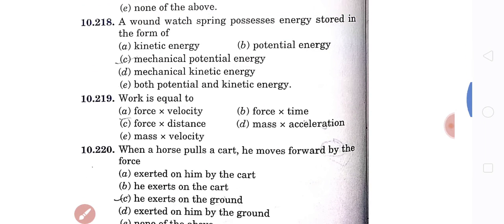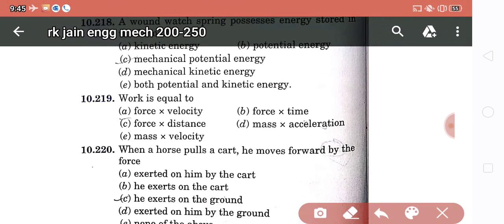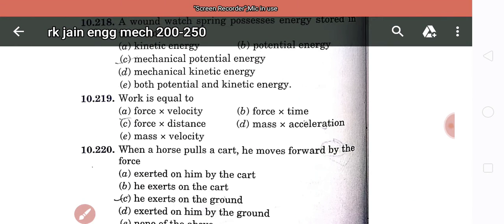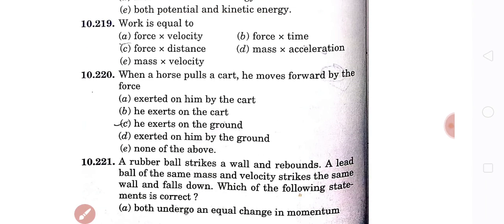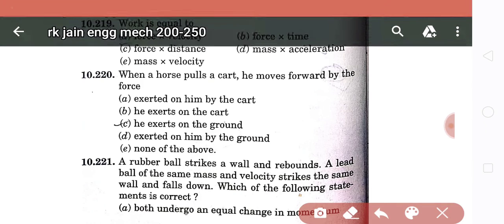Work is equal to force into distance, F s. When a horse pulls a cart, he moves forward by the force he exerts on the ground.